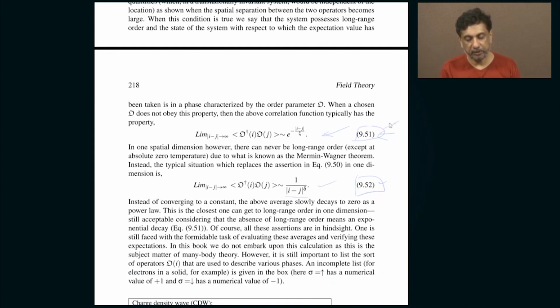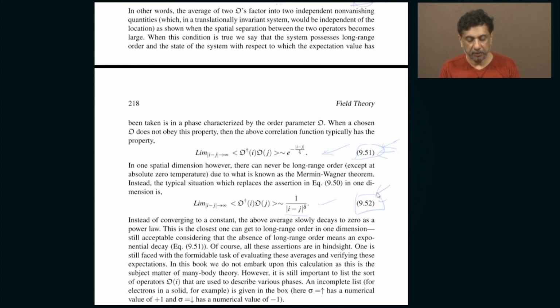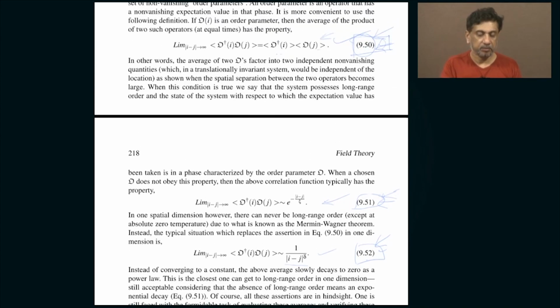Of course, any random thing you come across will always obey 9.51 in any dimension, but occasionally in one dimension you might stumble upon something that obeys 9.52, in which case you have to be content with that, because you will never be able to verify anything resembling 9.50 in one dimension because of the Mermin-Wagner theorem.